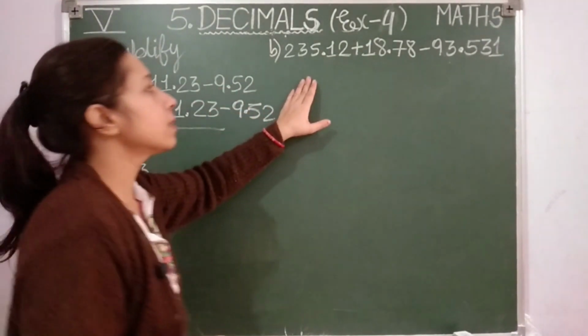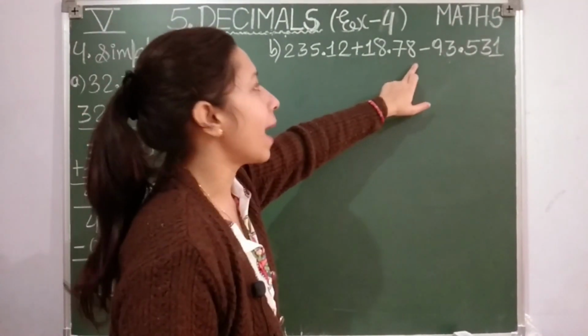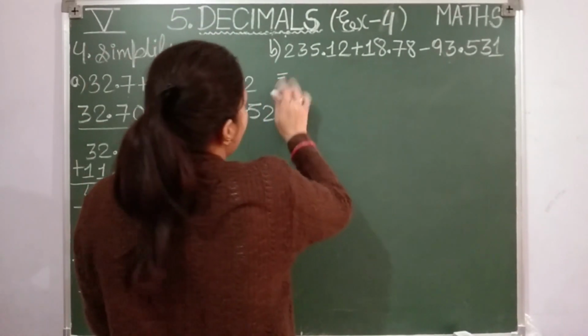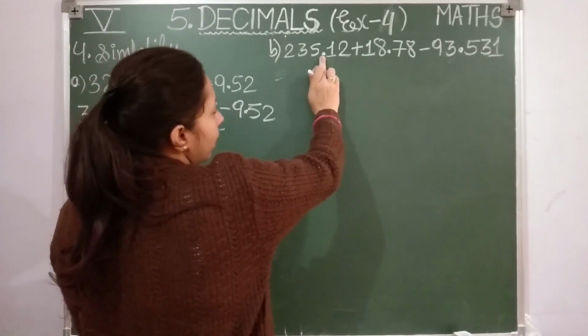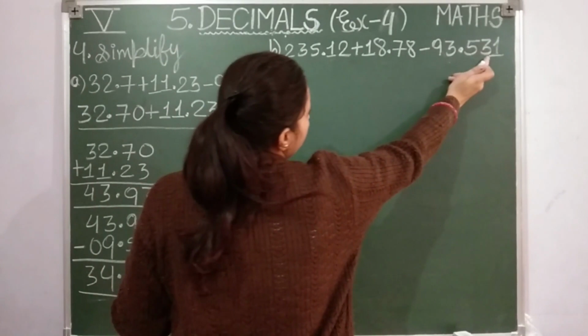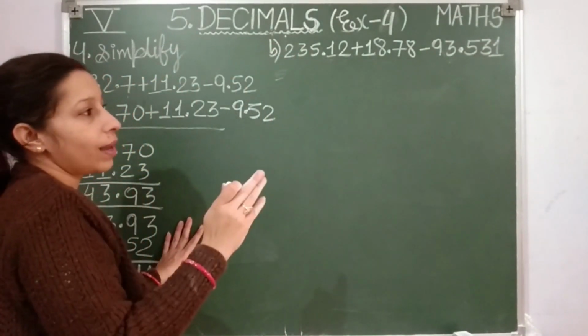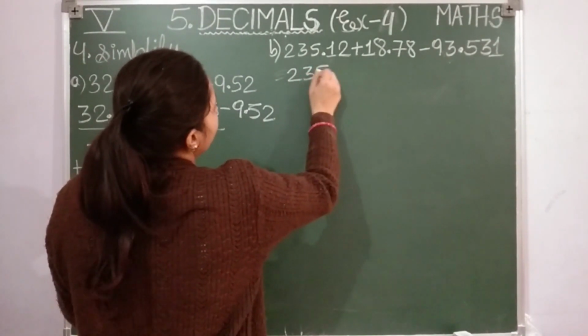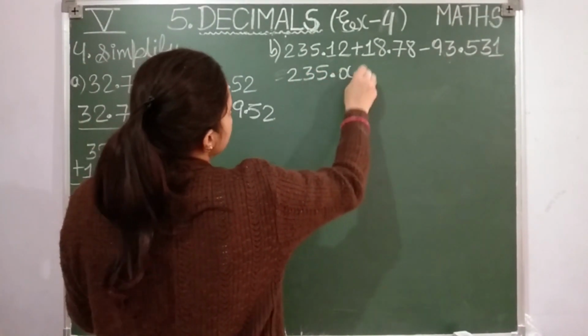Okay, B point, students. Let us check plus, minus. Again only two operations are given. First convert them into like decimals. After decimal, tenths, hundredths. Here again tenths, hundredths. Here tenths, hundredths, thousandths, means each decimal number should have up to thousandths place. Let us write 235.000.